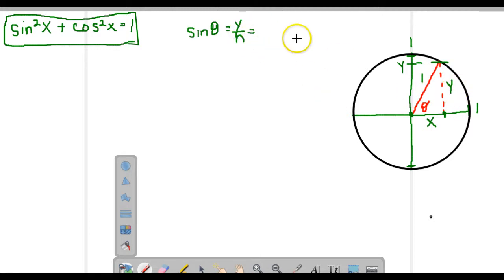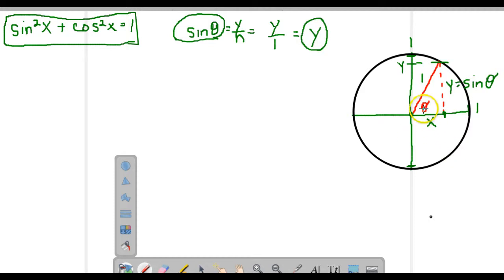My y we're just leaving as y, and my hypotenuse, we know, is always just 1 on a unit circle. So my sine of theta is really just y. Well, if sine of theta is y, then instead of y here, I could just put sine of theta for the length of this side.